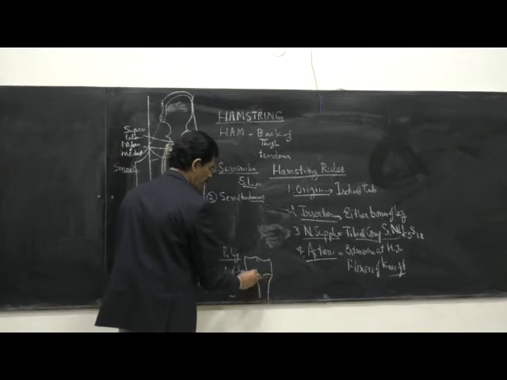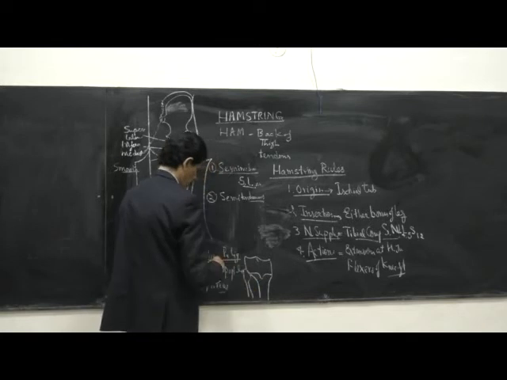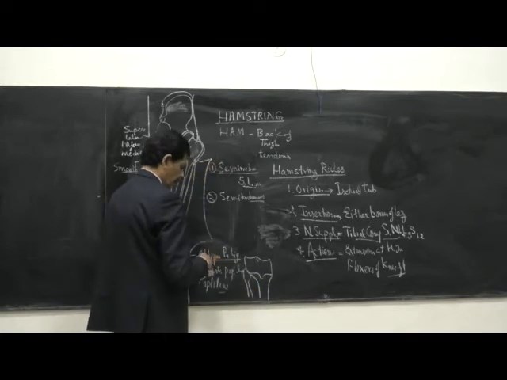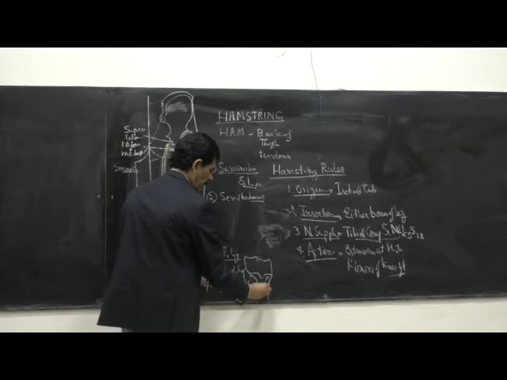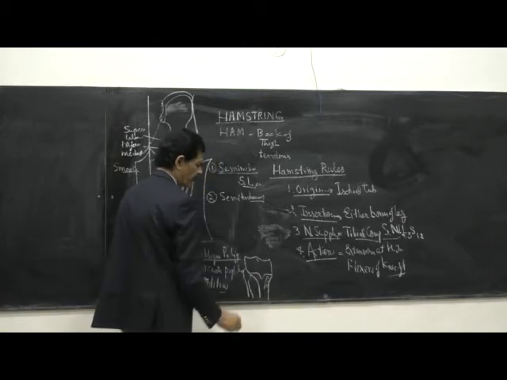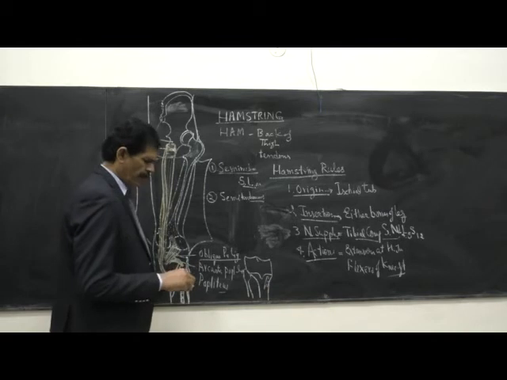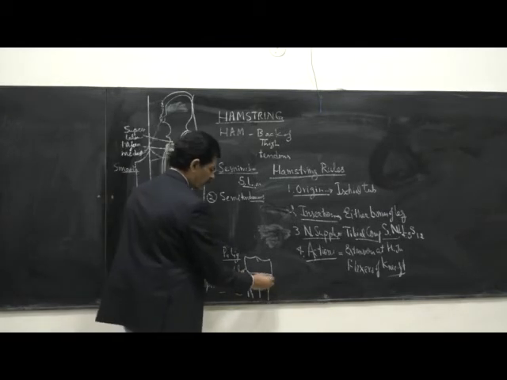The insertion of the semitendinosus is aponeurotic, and its insertion is just medial to the insertion of the gracilis muscle and sartorius. So upper medial part is the insertion. So inverted hockey-shaped insertion is of the sartorius.